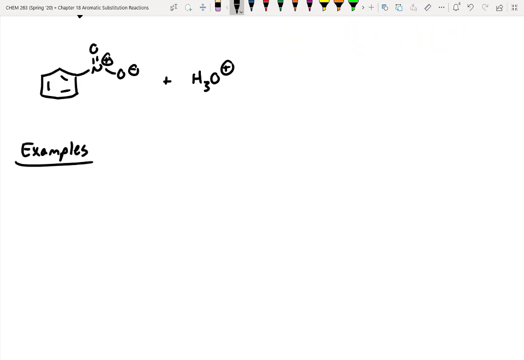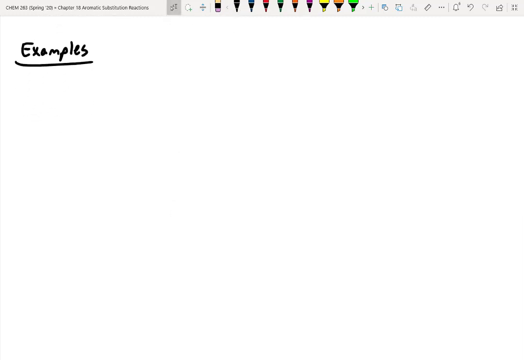I'll show you the most common example, and that is using this aromatic molecule. And if you remember back to last term, the name of this compound is toluene, or methylbenzene. Most people just call it toluene.